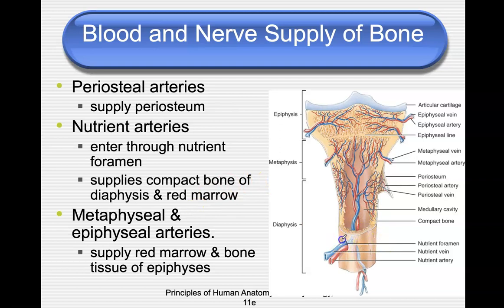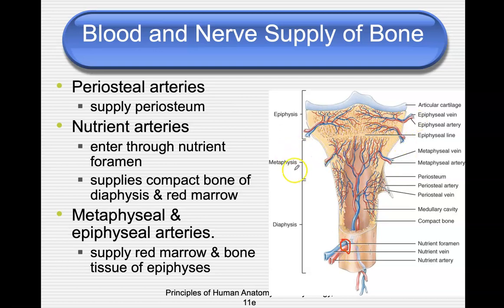It's going to enter through this large foramen. Remember, a foramen is an opening, and we call this one the nutrient foramen. This is going to supply the compact bone in the diaphysis, as well as provide the red marrow to some of that spongy bone that lines the medullary cavity. And then you have your metaphyseal and your epiphyseal arteries.